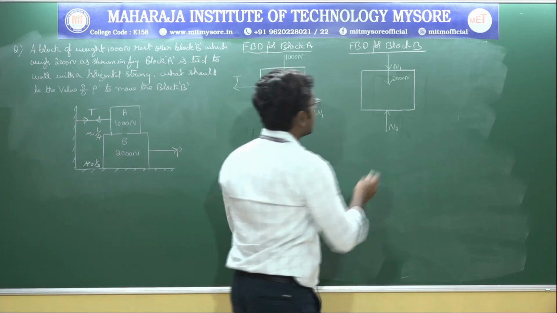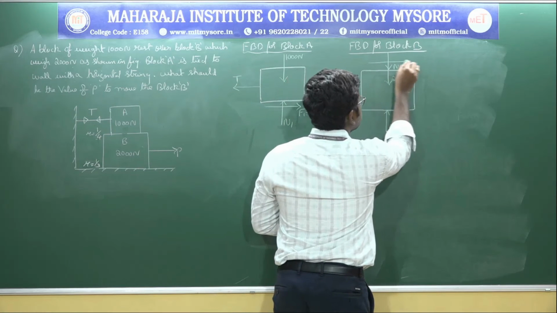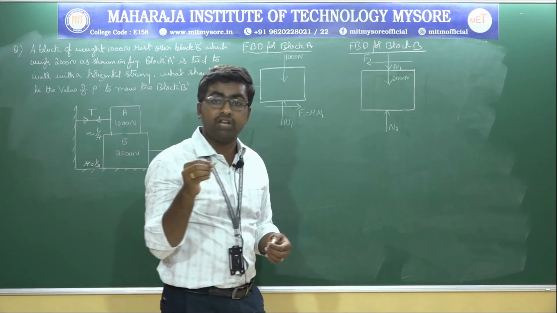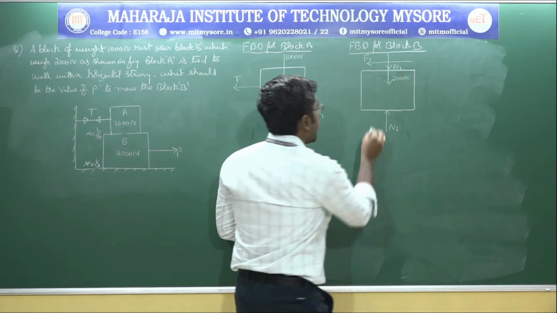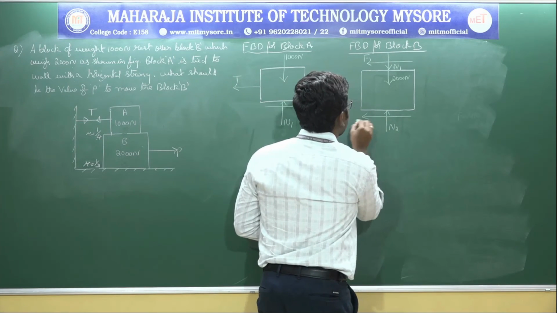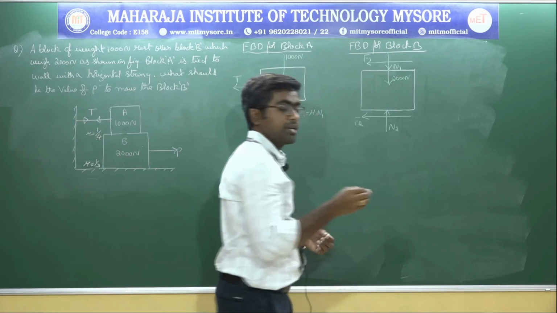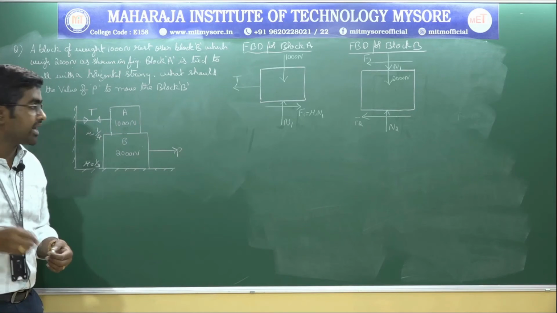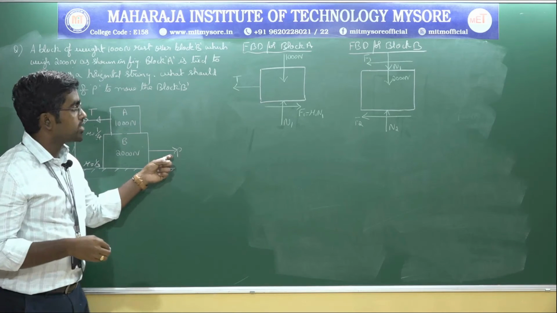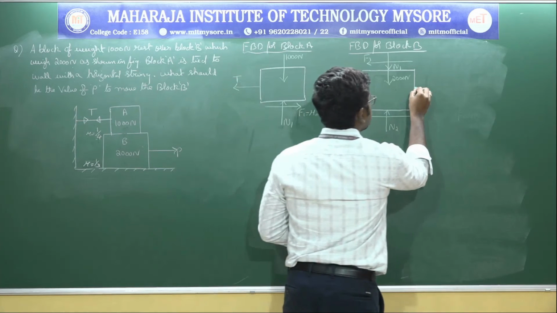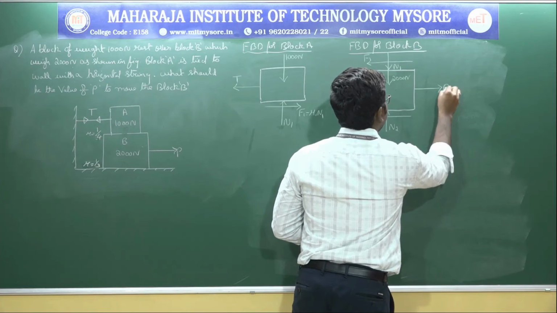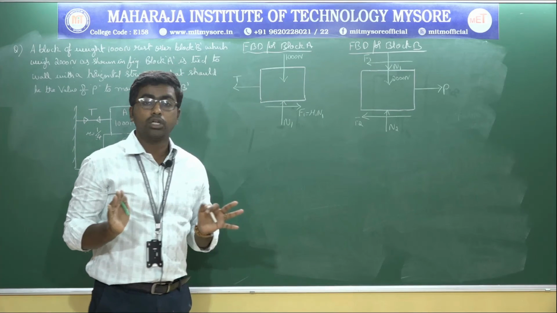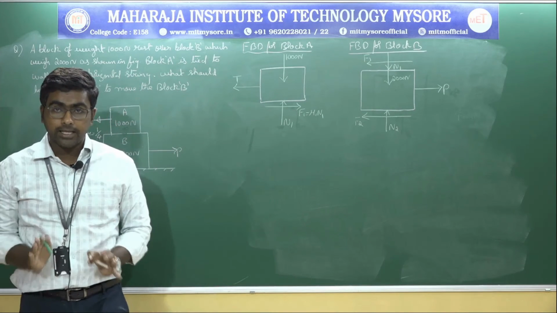So this is the value of F1, that is the friction between block A and block B, and this will be the value of another friction, F2, that is the friction between block B and the horizontal floor, right? And they have applied a horizontal force, and that force will be capital P. So this is how you need to draw the free body diagram for the two blocks separately.